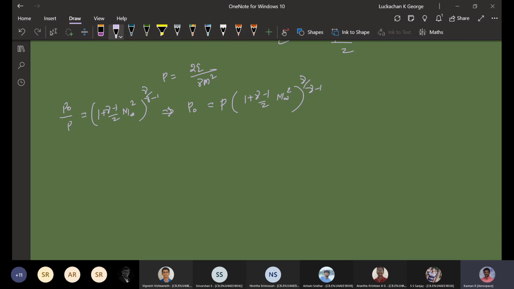So now we are going to write that. Subtract both sides: P naught minus P is equal to P into (1 plus (gamma minus 1) by 2 M infinity square) to the power gamma by gamma minus 1, minus 1.